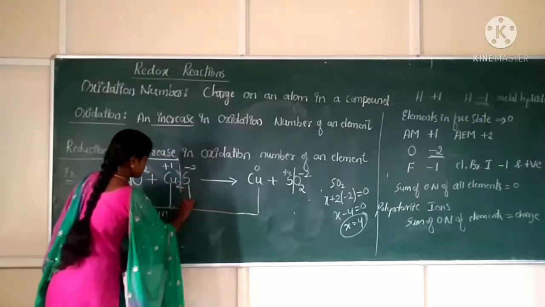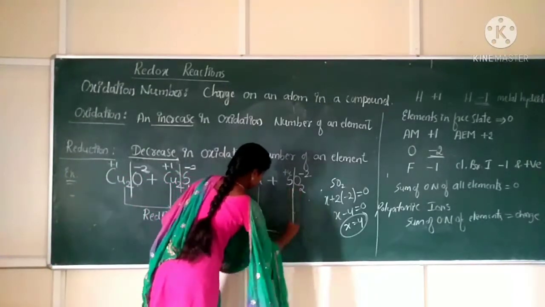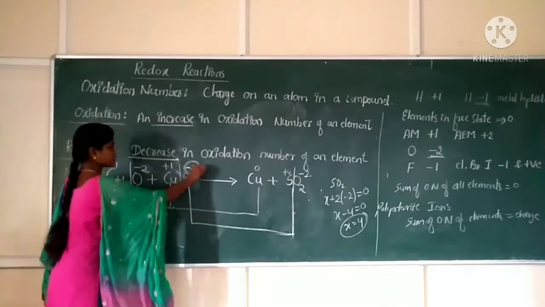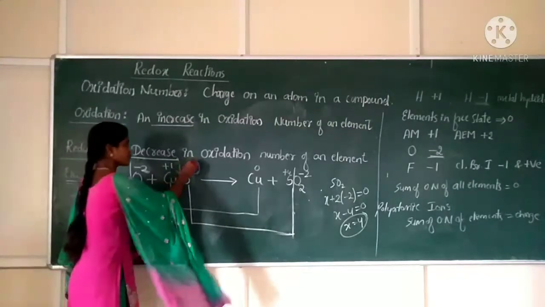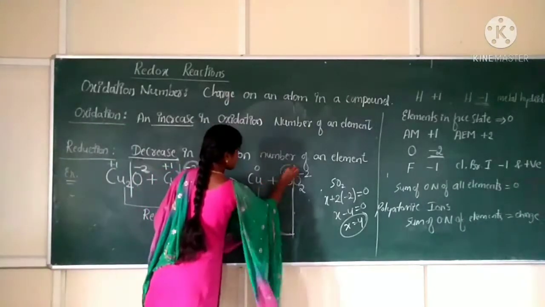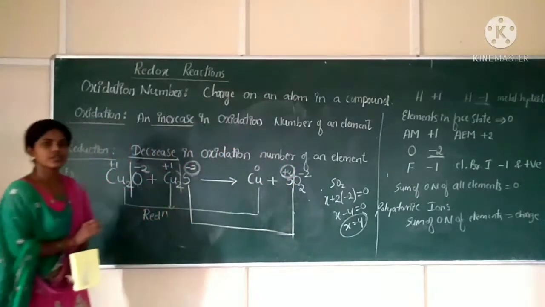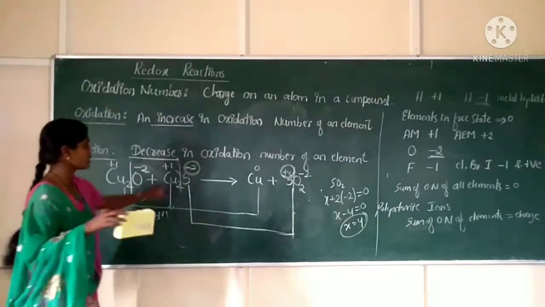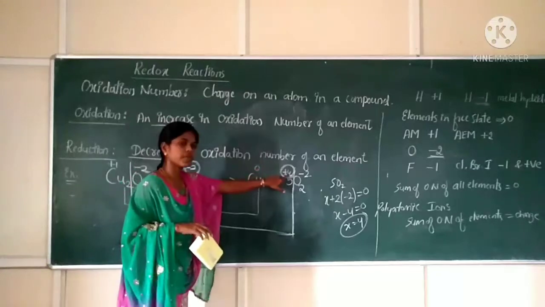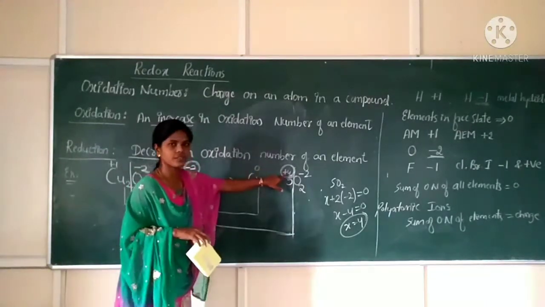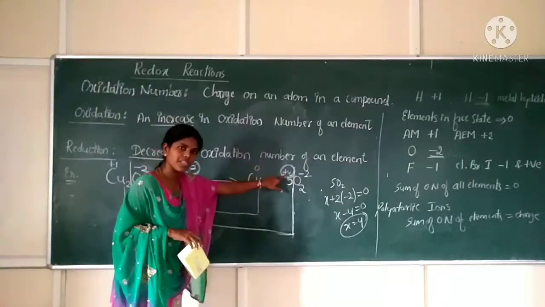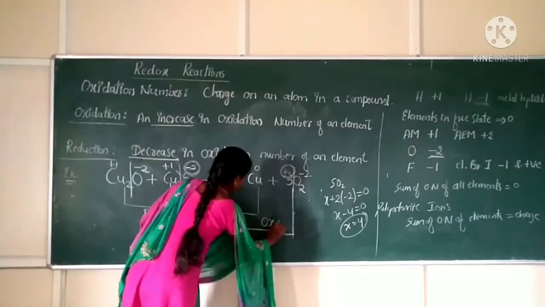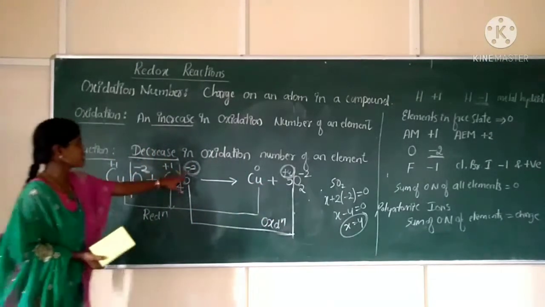Next, here sulfur is there. What is the oxidation state of sulfur here? -2 in this compound. So -2 changes into +4.